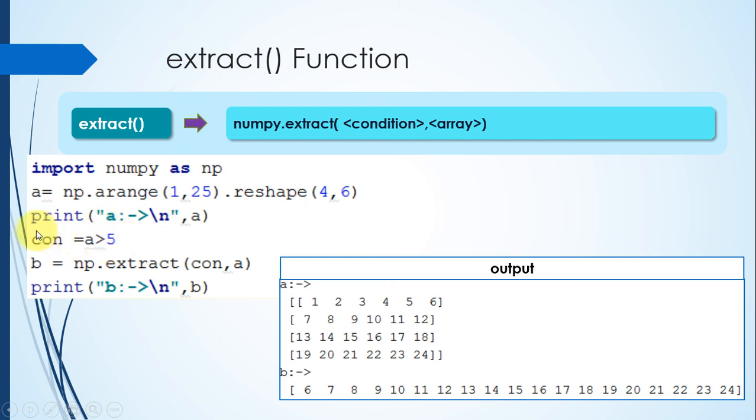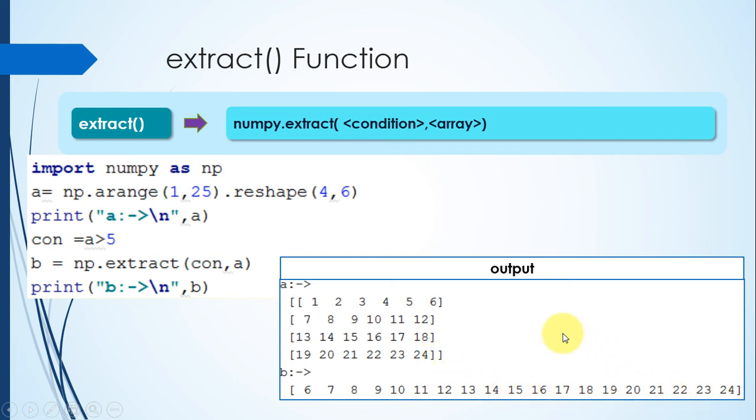Now the con variable will contain a condition, and then I have used this condition in the extract function as the first argument, and then I have specified A. Now when I printed this, my result will be all the elements in a one dimensional array which are greater than 5. You can see from 6 to 24 all the elements are present in the output.